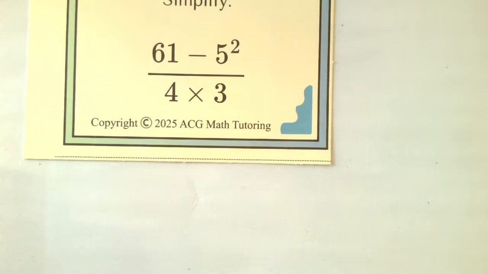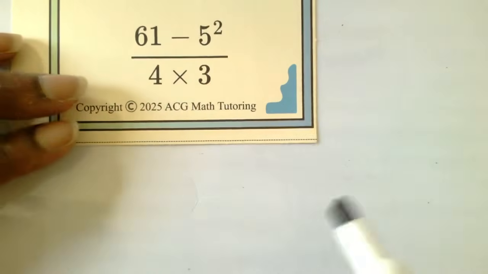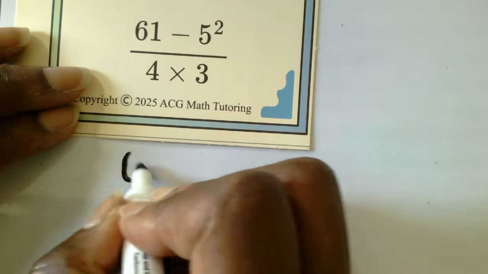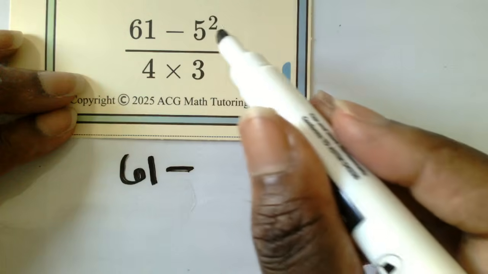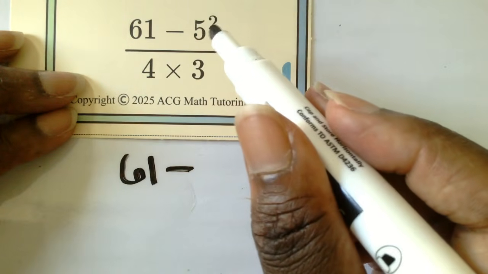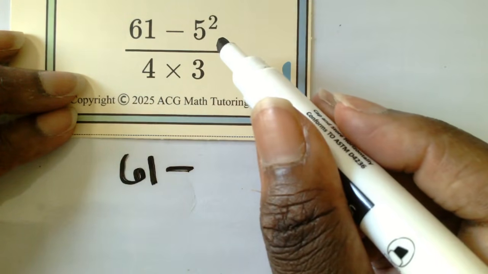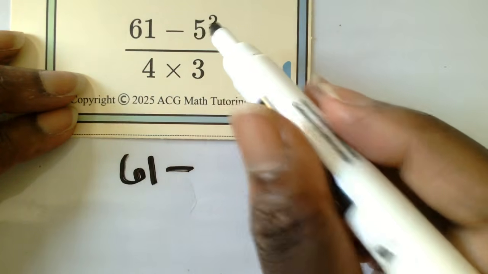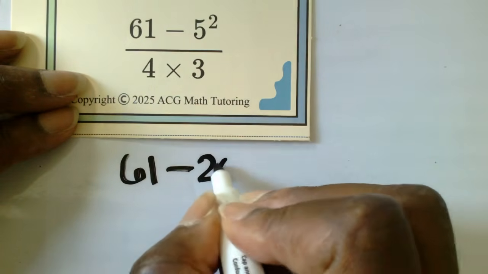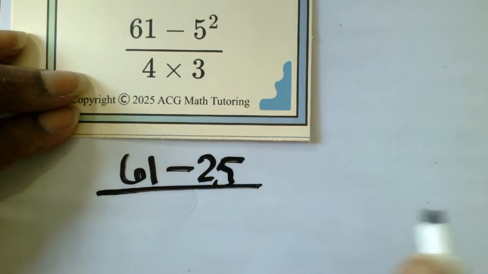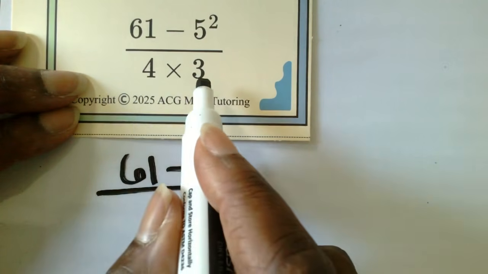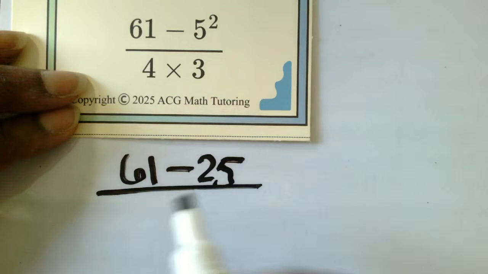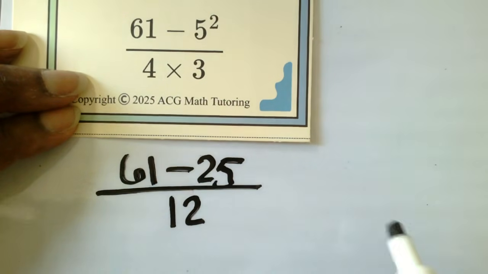There we go. I'm making minor mistakes. Okay, so if we have our 61 minus our 5 squared, one of the mistakes a lot of people make with 5 squared is they do 5 times 2. It's not 5 times 2, it's 5 times 5. So 5 times 5 gives us 25. That's happening in the numerator. Down in the denominator, we simply have 4 times 3, which gives us 12.